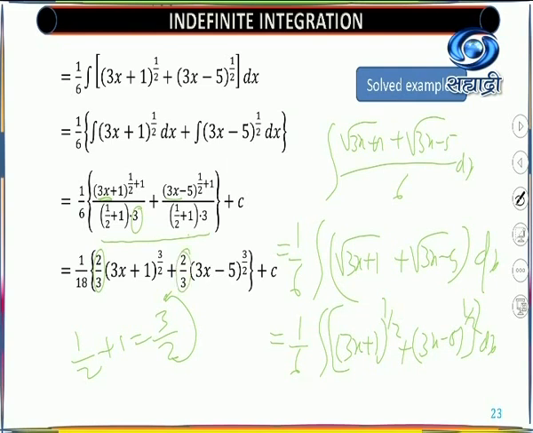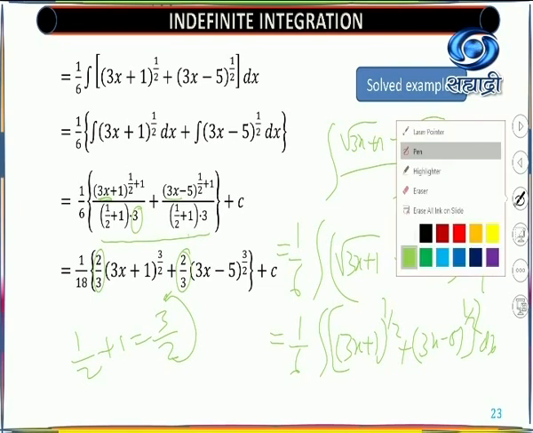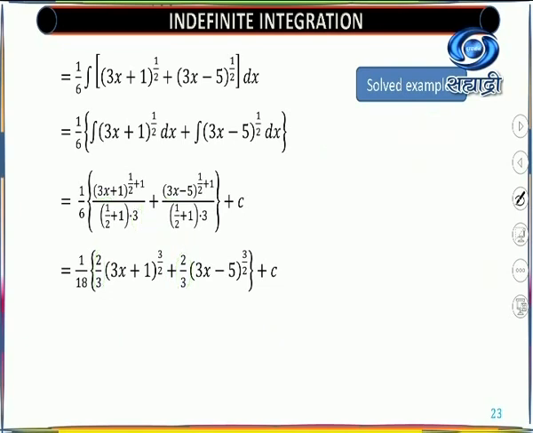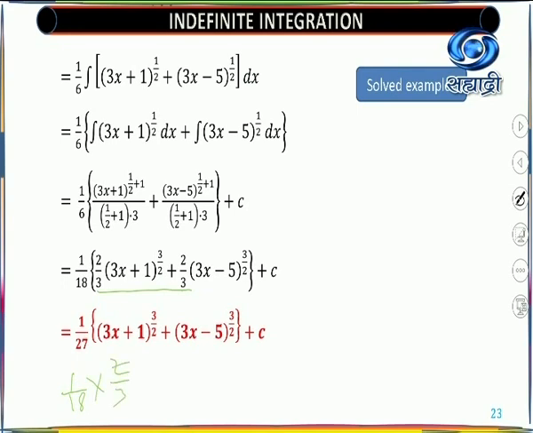So if you take 2 upon 3 common from both the terms, you know that 1 upon 18 into 2 upon 3: 2 1s are 2, 2 9s are 18, 9 3s are 27. So you get 1 upon 27 times (3x plus 1) raised to 3 by 2 plus (3x minus 5) raised to 3 by 2, plus the constant of integration.